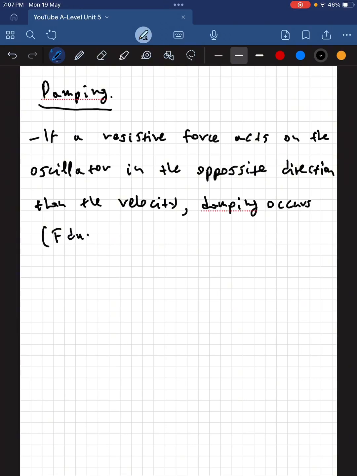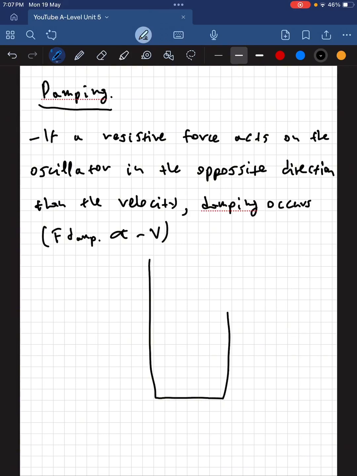So the damping force is proportional to minus v. Okay, so it's in the opposite direction than the velocity.